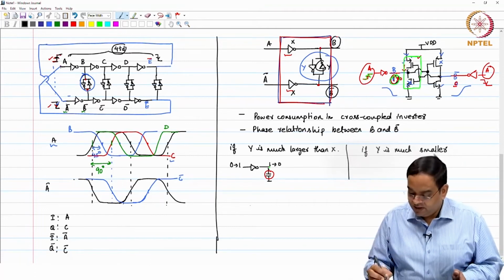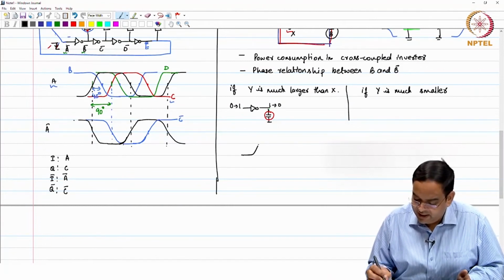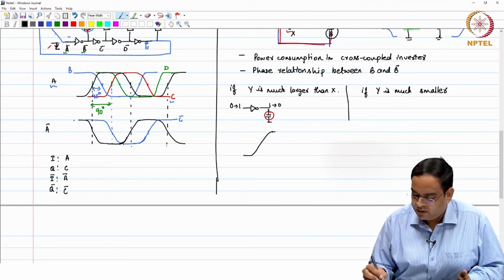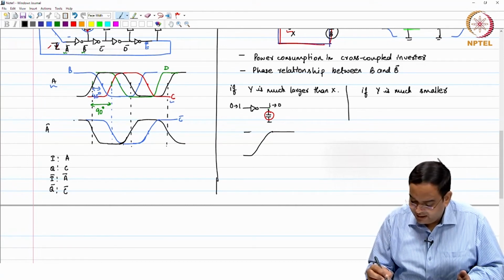So, it is like this. I have a transition at A like this, and the transition at B is exactly aligned, let us say, at 180 degree.